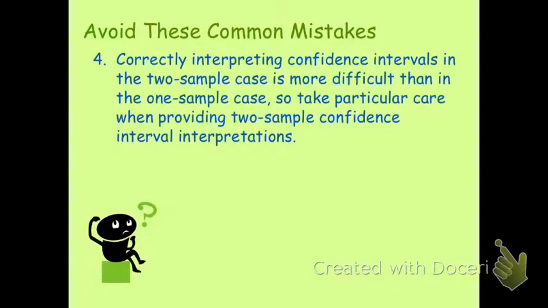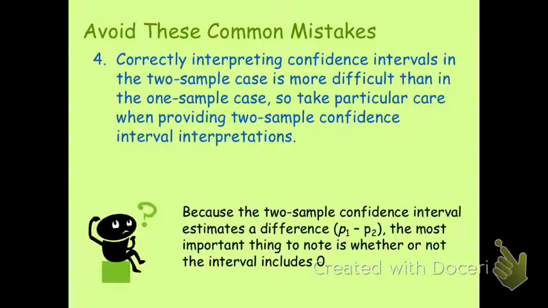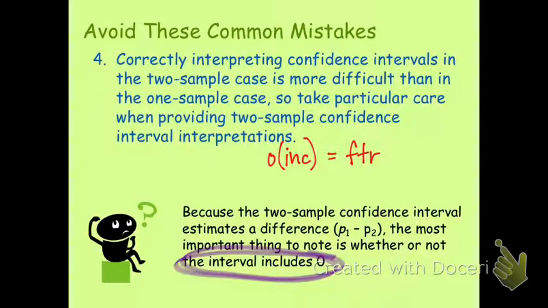Correctly interpreting confidence intervals for two samples is more difficult than one sample because you're looking at the difference between the two. So do not forget that we are looking to see if the interval includes 0 or not. If 0 is included, then I fail to reject, which means I fail to reject a difference.